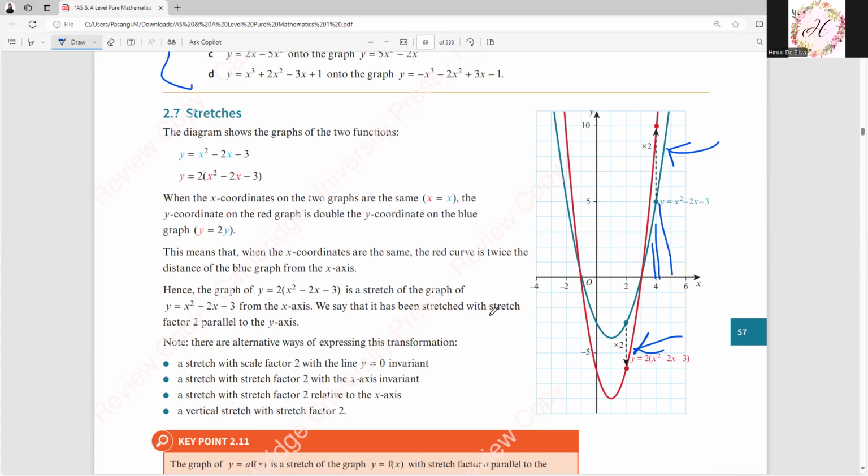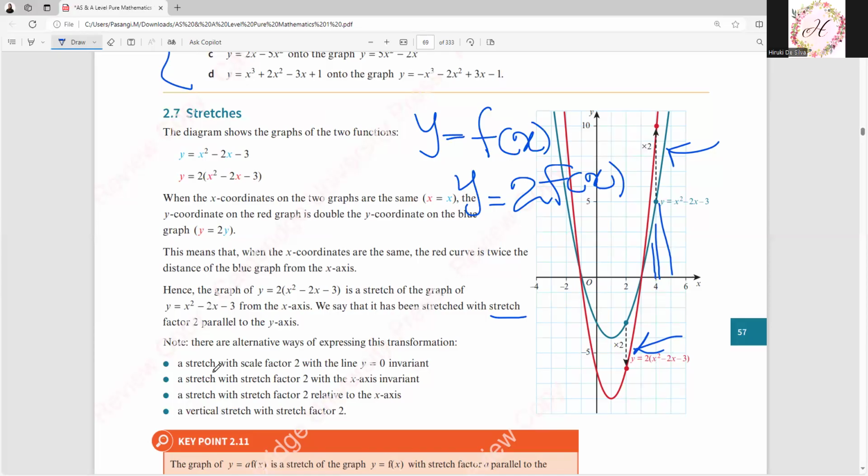You should know what this stretch factor is. The stretch factor is 2 now. If the earlier function was y = f(x), the new one would be y = 2f(x). So the y value has been doubled up.